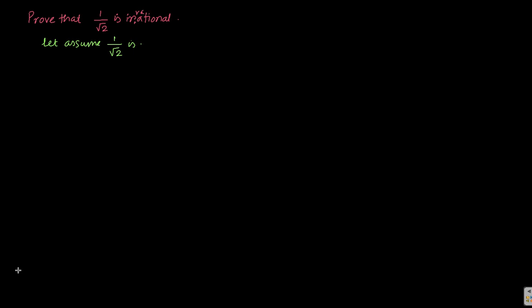Let's assume that 1 by root 2 is rational. That means we can write 1 by root 2 in the form of b by a or a by b, whatever it is. Now root 2 b is equal to a, then squaring both sides, 2b square is equal to a square.